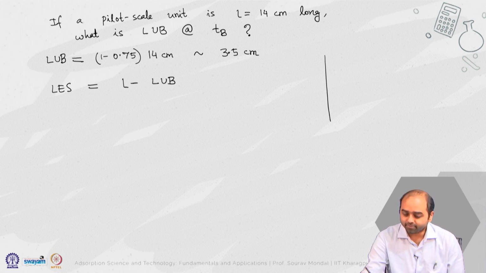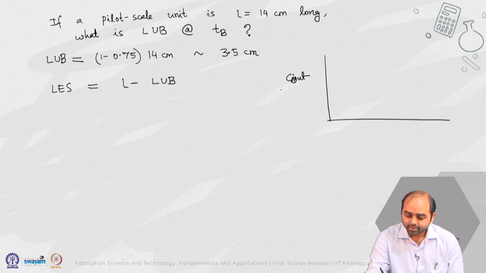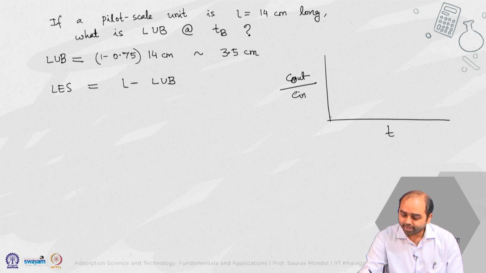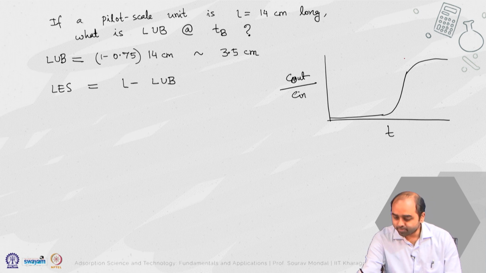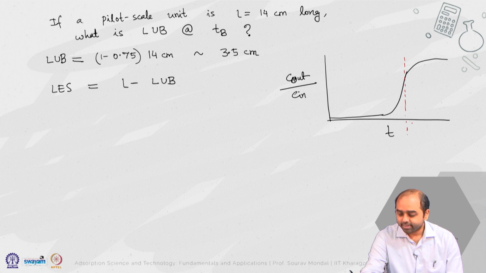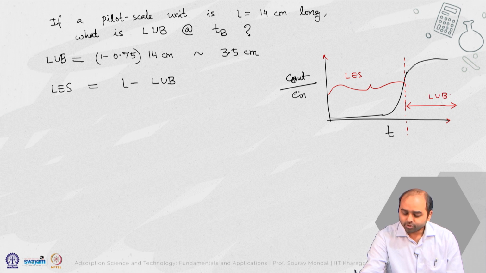So let me once again re-emphasize this. This C out by C in with respect to time is the problem that we are working on here, and in this case it is split at halfway here, and that is the point we are considering: below this portion can be used for the equilibrium section, and this is the portion for the unused portion of the bed.